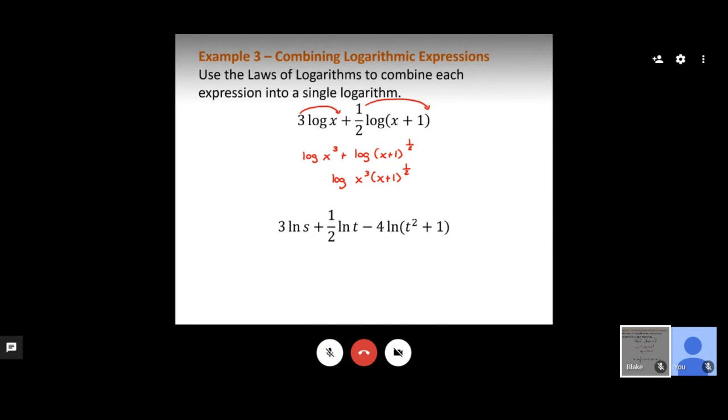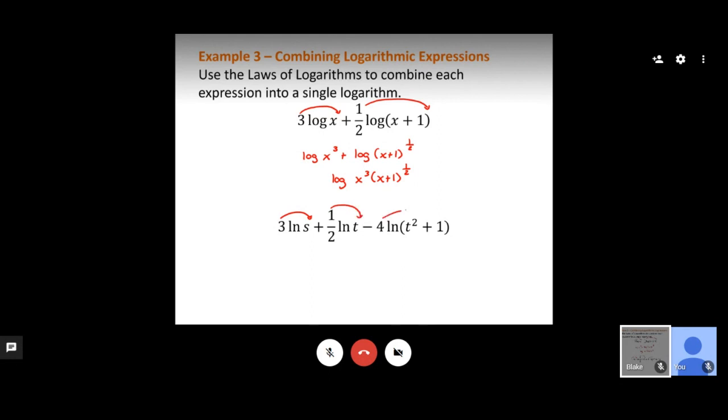All right, let's look at the second one. So what's the first thing we're going to want to do? Okay, good. Move your exponents first, right? So I've got this 3, move that into my exponent here. I've got this 1/2, and I can go to the exponent there.